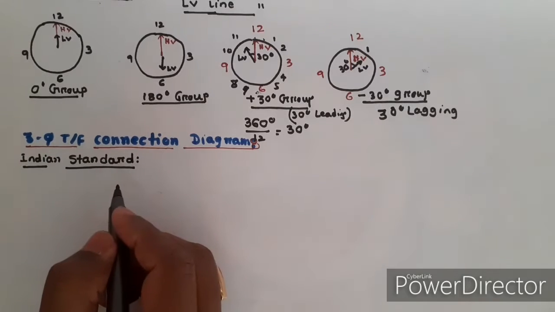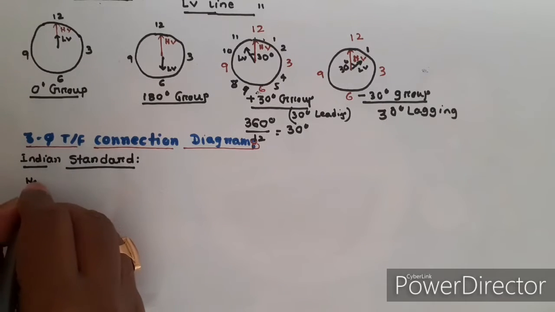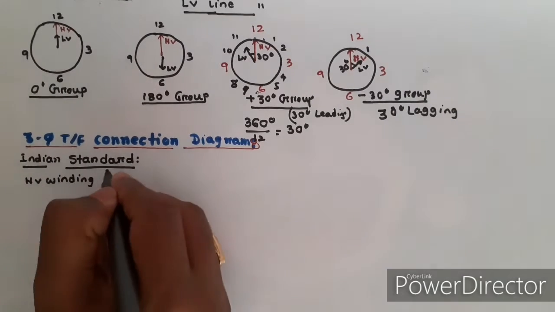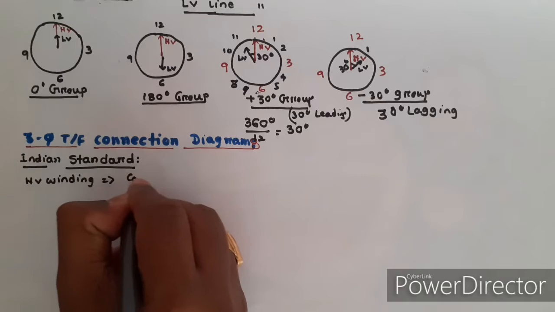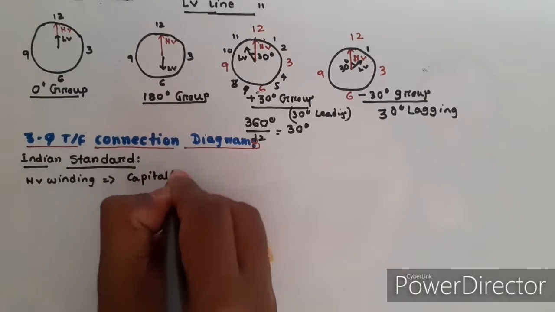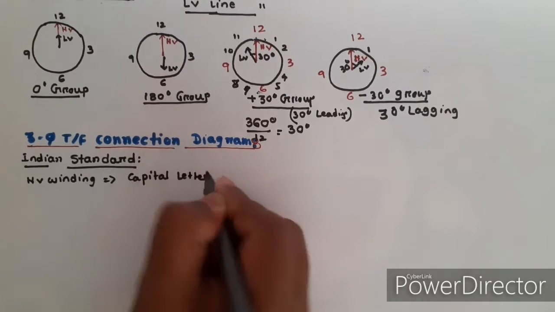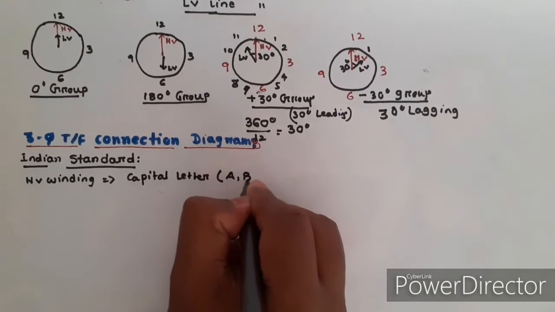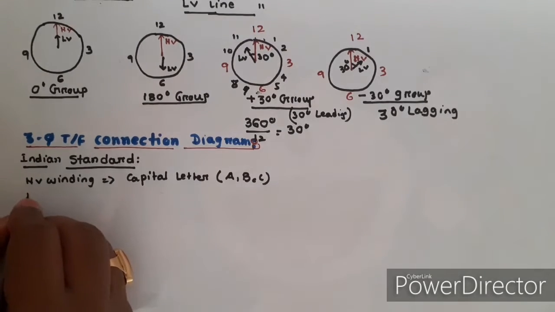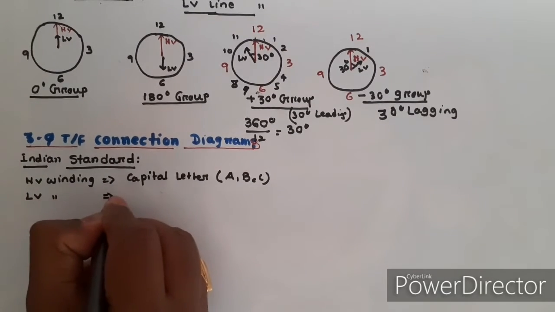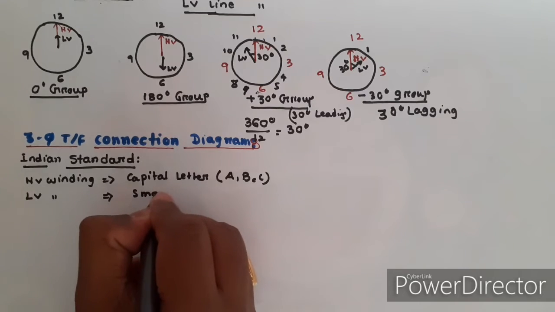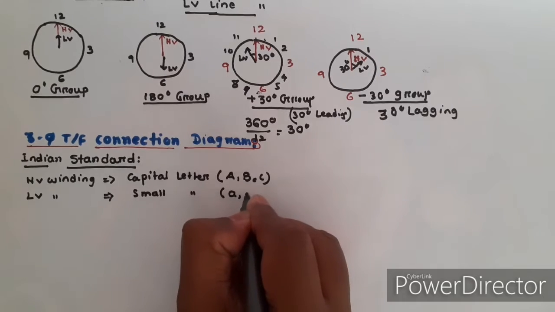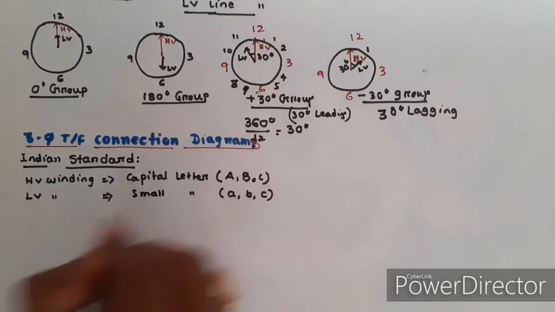In Indian standard, the HV winding is represented by capital letter. Suppose for three phase, capital A, B and C, and LV winding is represented by a small letter, and for three phase this will be a small a, small b and a small c.